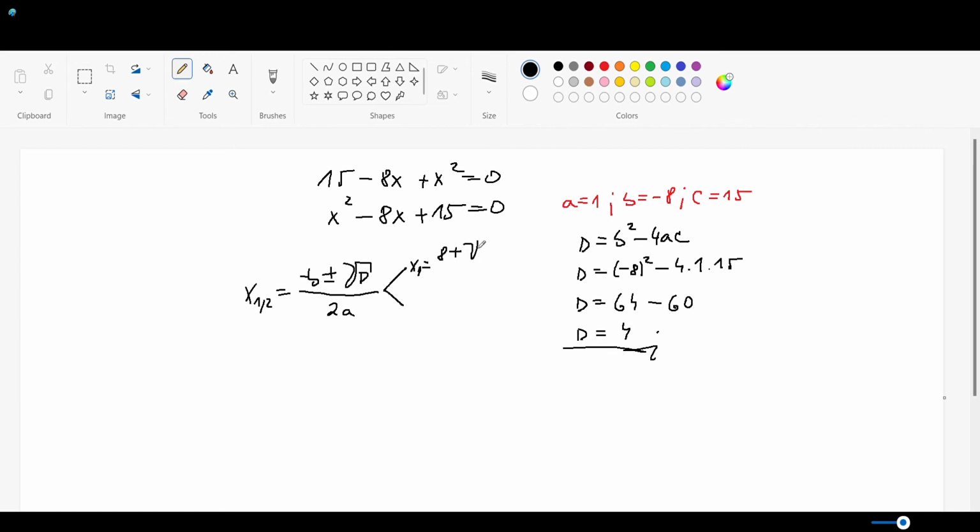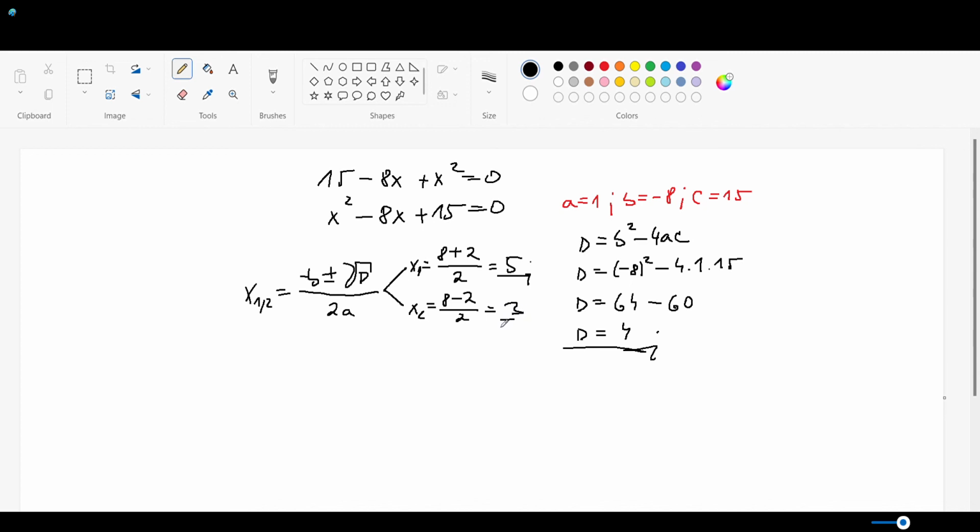We can write the square root of 4, but we do it in our heads, so it's like 8 plus 2 divided by 2 times a, which is 2, so my first root is 10 over 2, which is number 5, and the second root is calculated like 8 minus 2 over 2, and this is 6 over 2, or 6 halves, which is number 3.